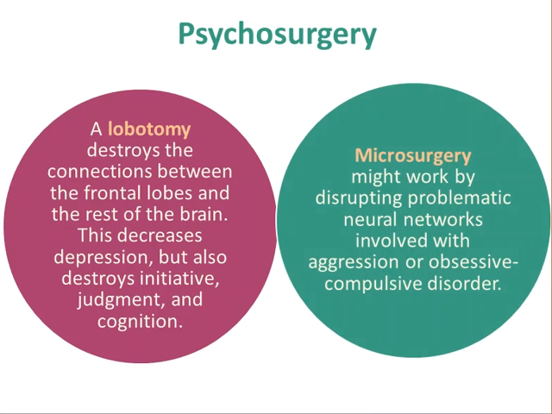Psychosurgery: a lobotomy destroys the connections between the frontal lobes and the rest of the brain. This decreases depression, but also destroys initiative, judgment, and cognition. Microsurgery might work by disrupting problematic neural networks involved in aggression or obsessive compulsive disorder.